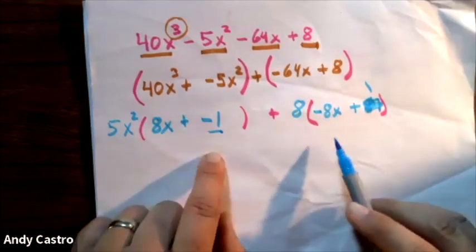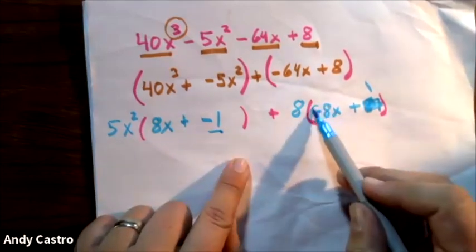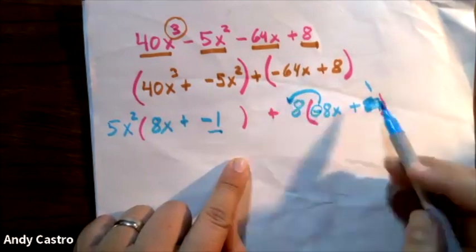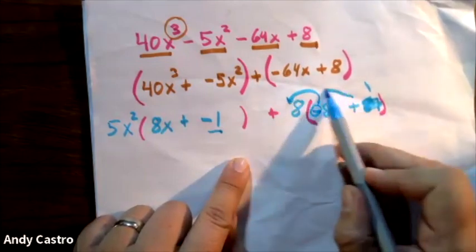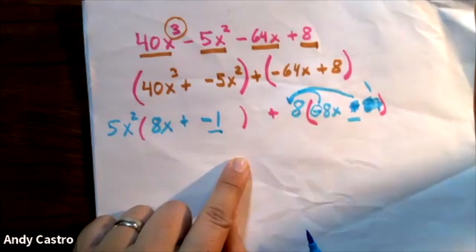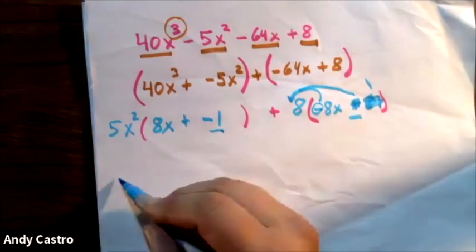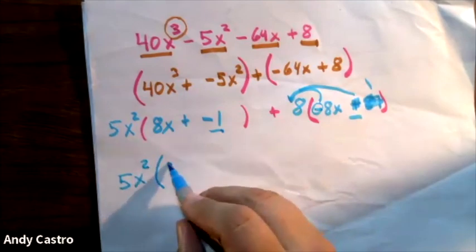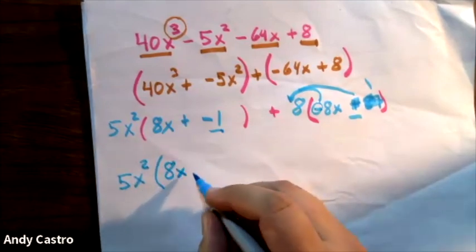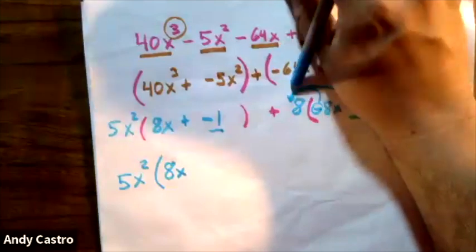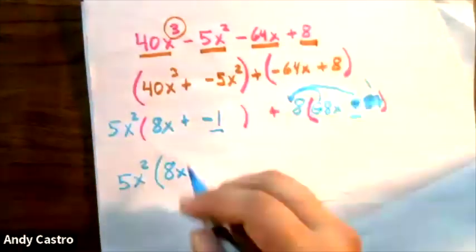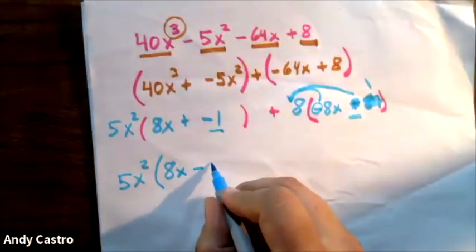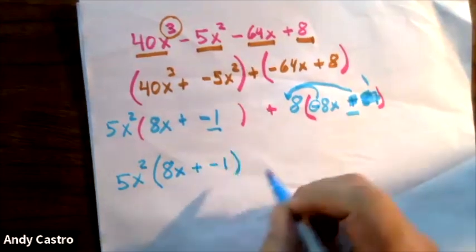So what I can do is I can pull this negative out. If I have a positive here and I pull the negative out, that makes this a negative. So what I have is 5x squared times 8x minus or plus negative 1.